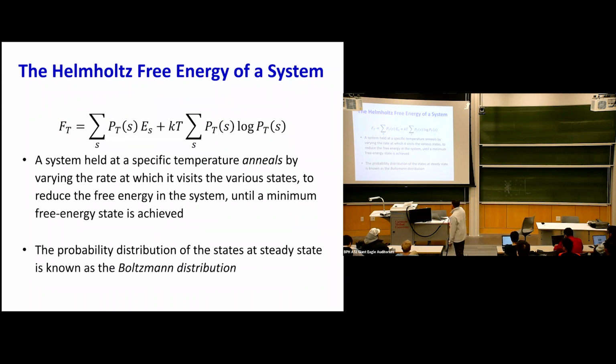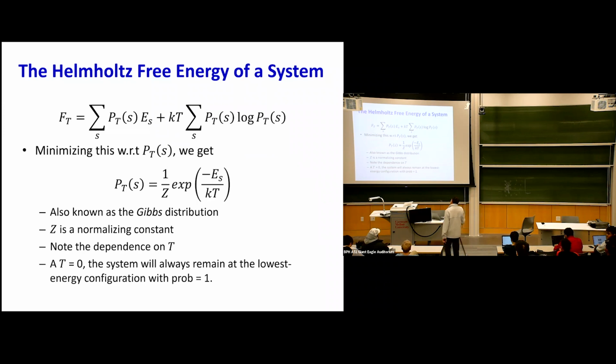If you actually work through the arithmetic, we find that at any temperature, if you just let the system sit and evolve, it's eventually going to arrive at a probability distribution over states given by this Boltzmann distribution, where the probability of any state is proportional to the exponent of the negative of the energy of that state divided by the Boltzmann constant times the temperature, right?